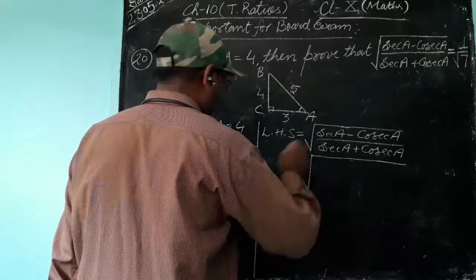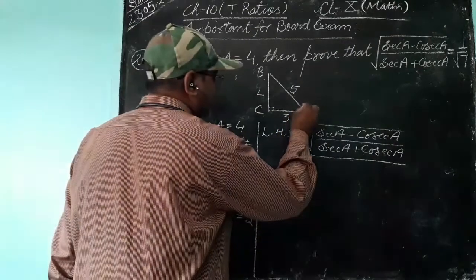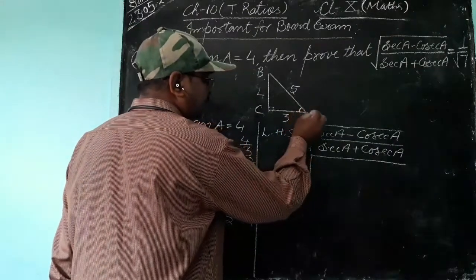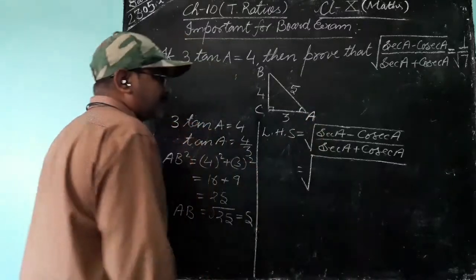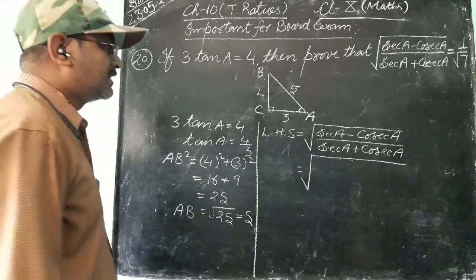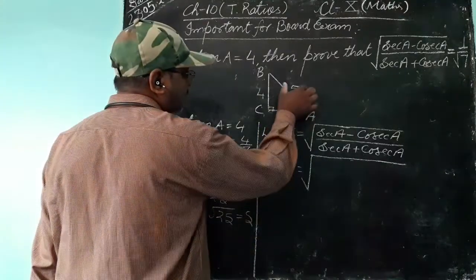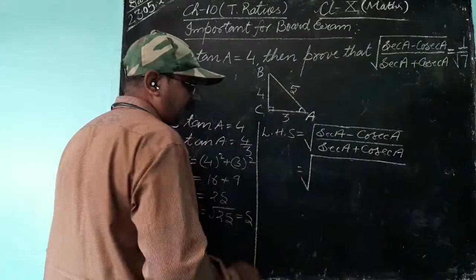So then sec A, that angle A has been given. Understood? So sec is just the opposite of cos. You know that cos is equal to base upon hypotenuse. So sec is equal to hypotenuse upon base. Clear?